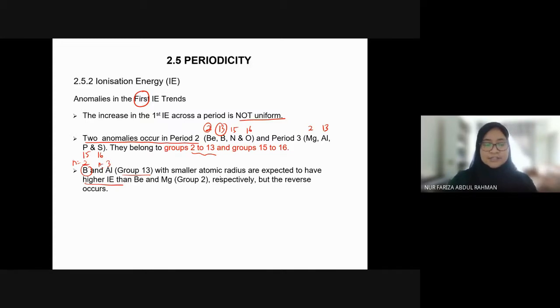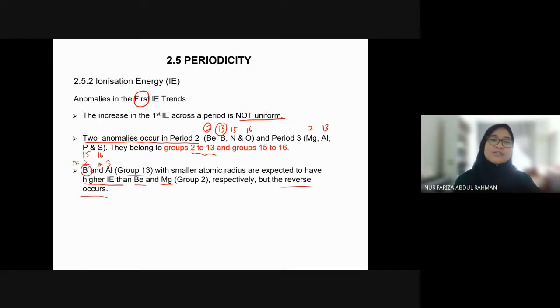So based on general trend, we expect group 13 would have higher ionization energy than group 2, which are beryllium and magnesium. So by right, these two should have higher ionization energy compared to beryllium and magnesium. But the reverse occurs. Why does it become the other way around? Okay, right.